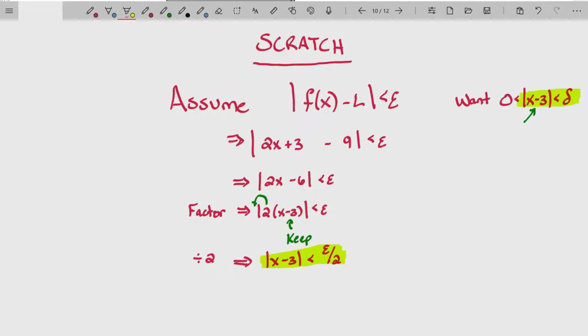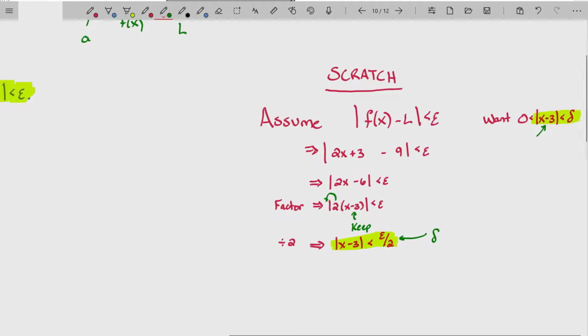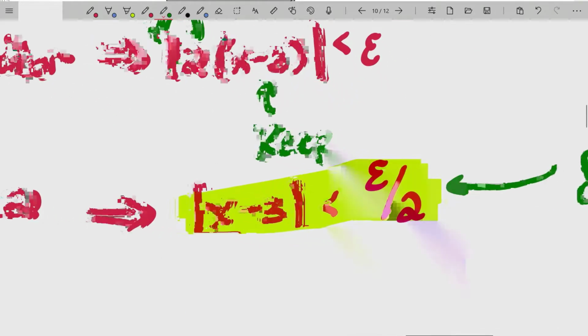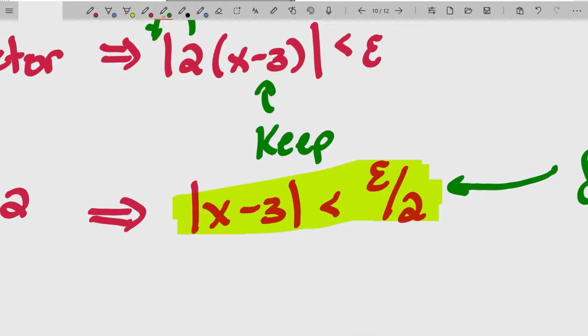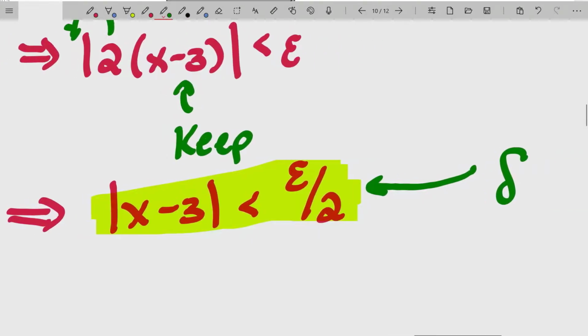So the smaller the neighborhood, the smaller my choice for delta, because this right here is now what I'm going to call delta. Because I want my absolute value of x minus 3 to be less than something called delta, and I've ended up at the absolute value of x minus 3, so I'm going to say that's strictly less than delta, where delta is equal to epsilon over 2.